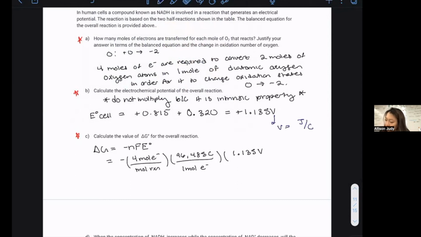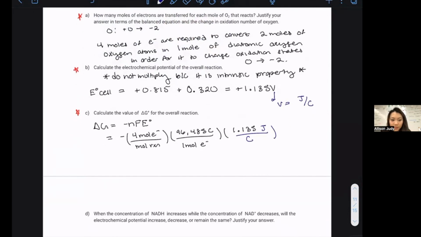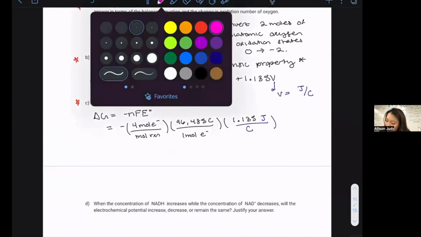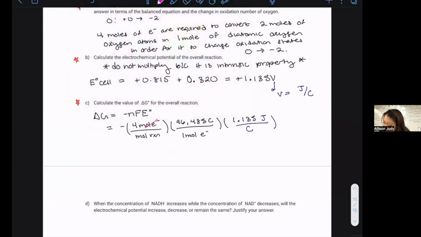So in order to follow the trend of proper unit canceling, we would use joules per coulomb, and we'd see that our moles of electrons cancel, our coulombs cancel, and we get a certain amount of joules, which is the Gibbs free energy unit per mole of reaction: -4.380 times 10 to the 5th joules per mole of reaction.